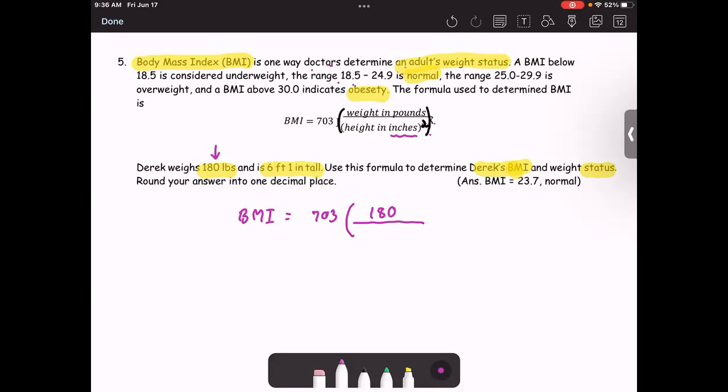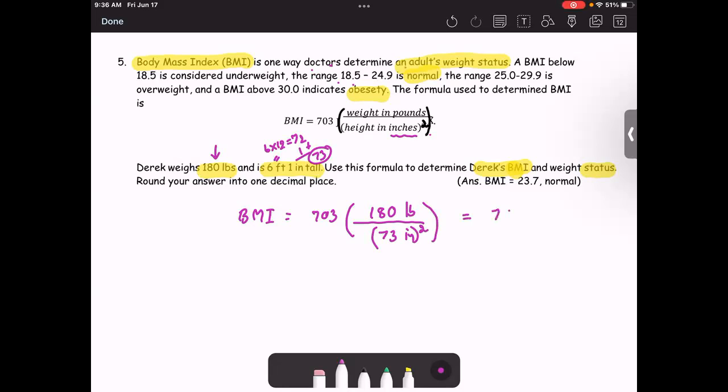So from 6 feet 1 inch, we're going to convert into inches. 1 foot is 12 inches. So it can be 6 times 12 or 72, and then plus 1 more becomes the total of 73 inches for Derek.